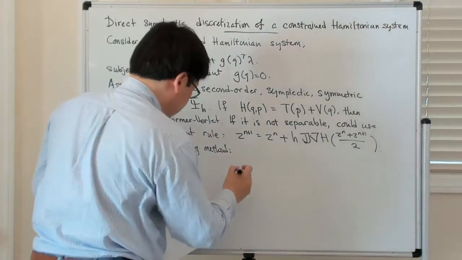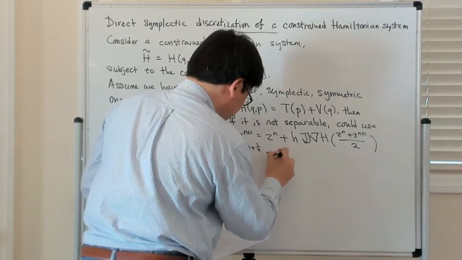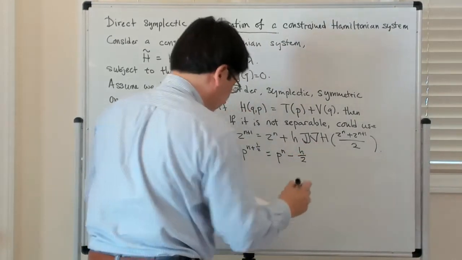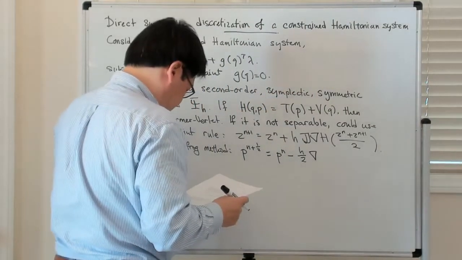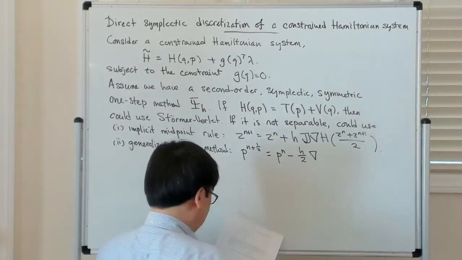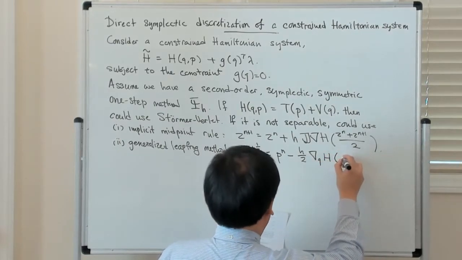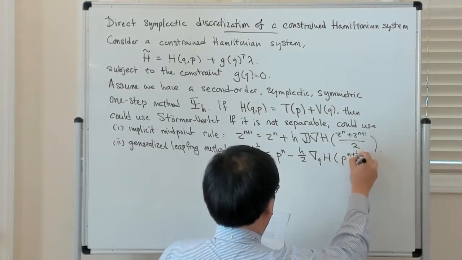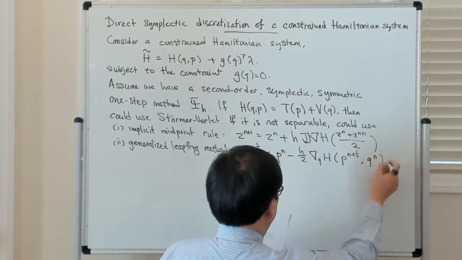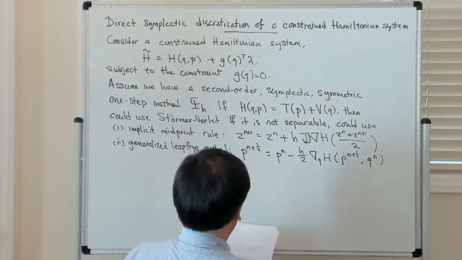So the momentum at the half step is equal to the momentum at the original time minus a half step of the part of the vector field that's associated with the momentum, evaluated at the half step of the momentum and the original value of the position. So this is like a half step of a symplectic Euler type method.